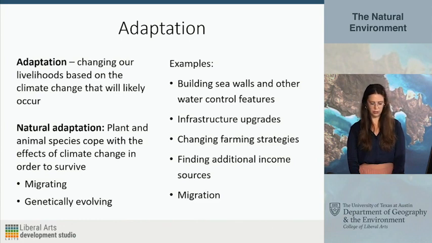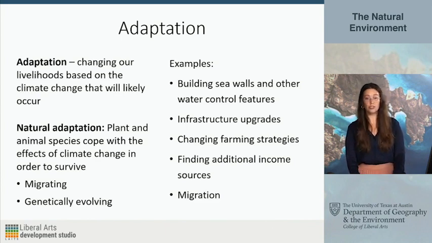This could also include farming strategies, so adjusting crop planting dates, which crops you plant, planting genetically modified varieties, using different types of more heat-hardy livestock, and also managing water differently.